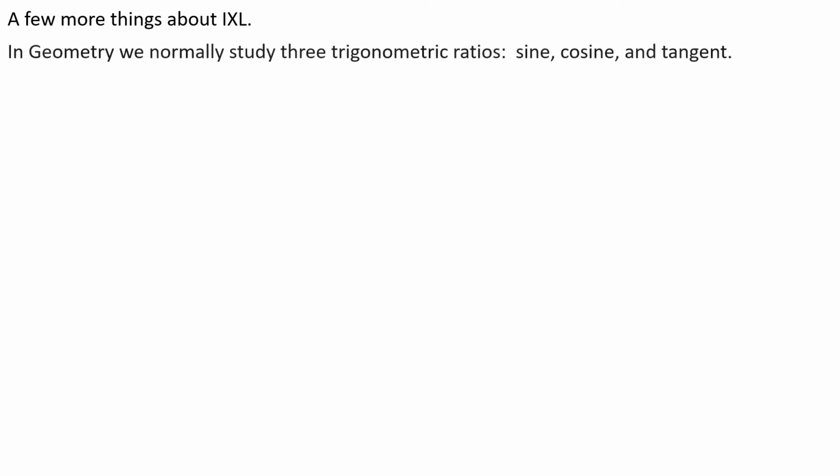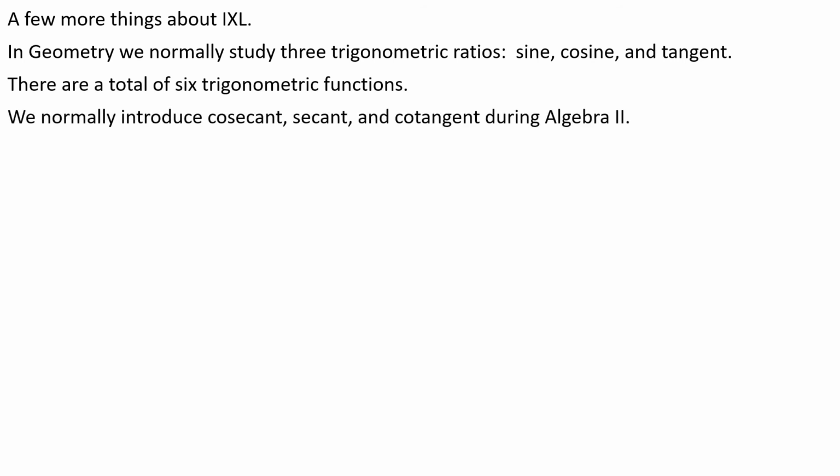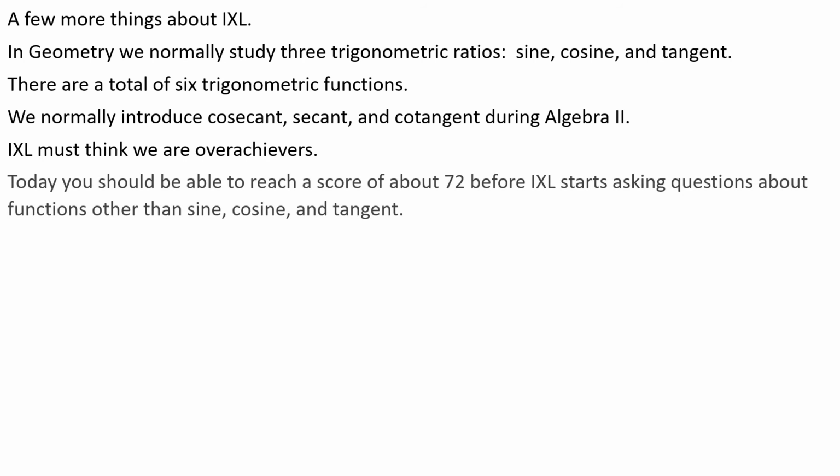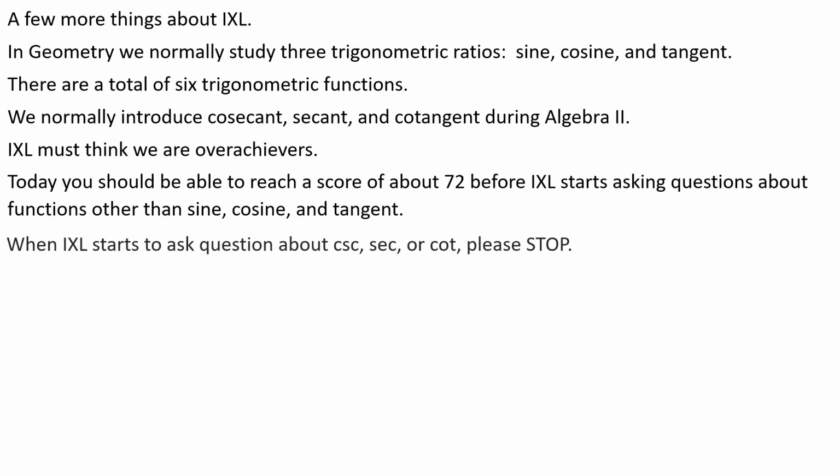More about IXL. We normally just study sine, cosine, and tangent in geometry. That's only half of the story. We normally save the cosecant, secant, and cotangent for second year algebra. IXL must think we're like superstars. So you'll go through IXL, and at some point, instead of sine, cosine, and tangent, they're going to start asking about cosecant, secant, and cotangent.